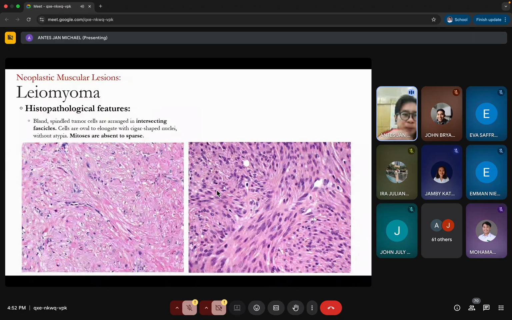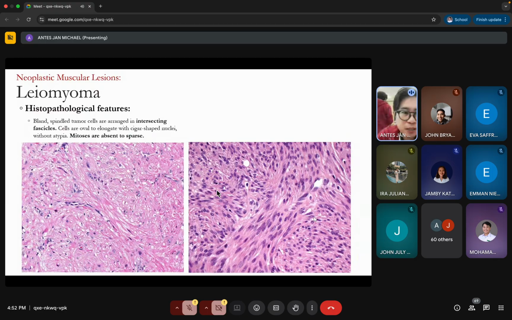The fascicles intersect with each other, and there's no atypia. However, as you can see here, the nucleus is cigar shaped and elongated.